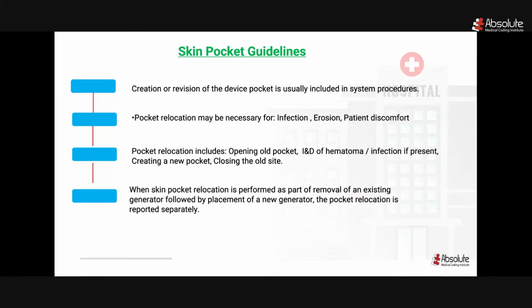Pocket relocation includes opening the old pocket, incision and drainage of the hematoma or infection if present, creating a new pocket, and closing the old site. When skin pocket relocation is performed as part of removal of an existing generator, followed by placement of a new generator, the pocket relocation is separately reported.